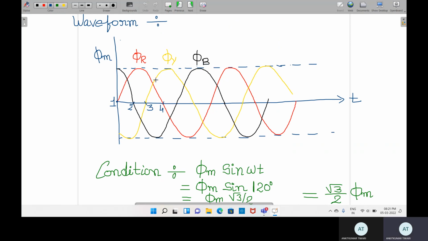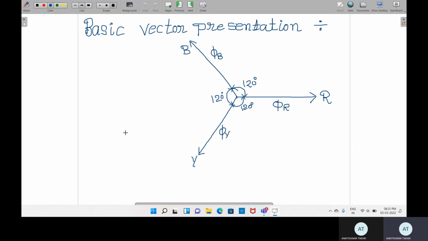But phi y is in the negative direction, or the negative half cycle, so phi y is downward. So we have to draw it upward, meaning we have to represent phi y in a positive way. We have drawn it downward, in the third quadrant, but we have to draw it opposite to this. So y will be drawn like this.